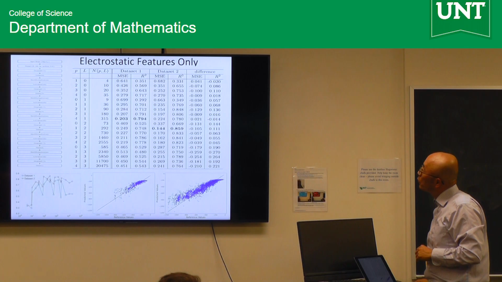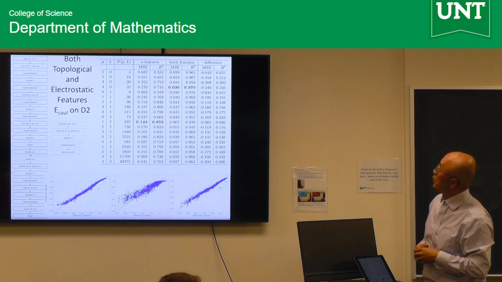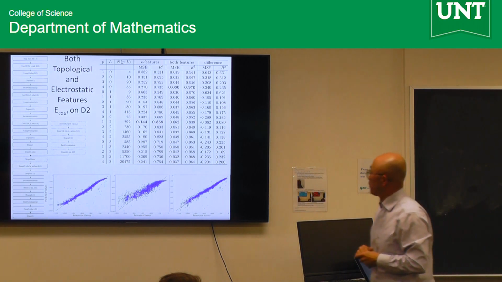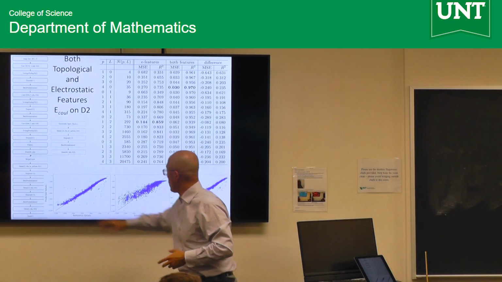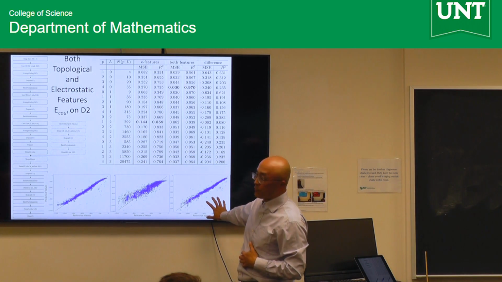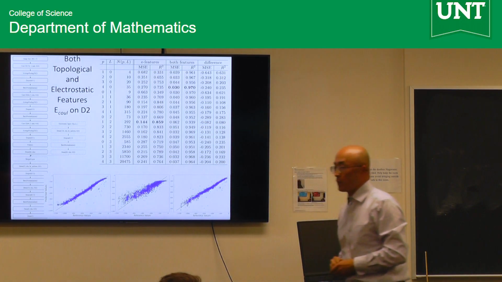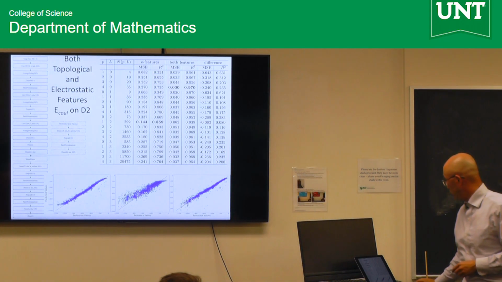And then when you use topological feature and electrostatic feature together, this is the one using topological feature only, this is the one using electrostatic feature only, and this is the one using both features, and you also see some improvements there. So that's the result.